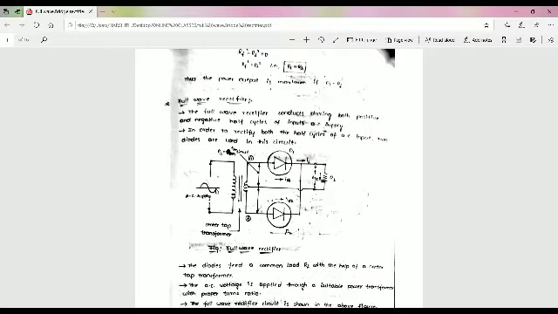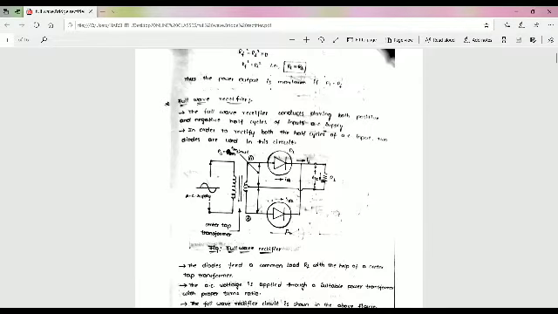In order to rectify both the half cycles of the AC input, two diodes are used in this circuit. Both the half cycles, we will conduct both the half cycles. So we will use two diodes. The diodes feed a common load, that is RL, the load resistance, with the help of the center tap transformer.